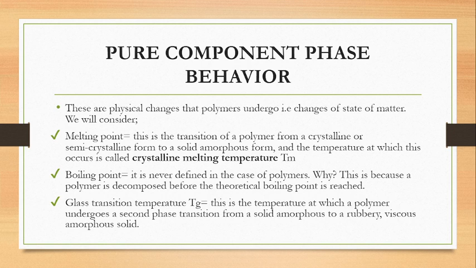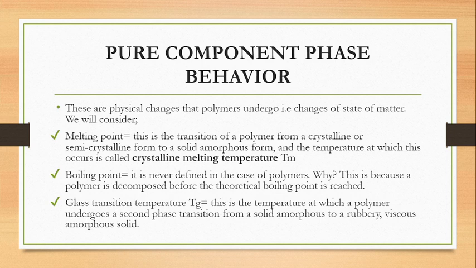Now, what is the melting point in the case of polymers? This is the transition of the crystalline form of a polymer, or the semi-crystalline form of a polymer, to a solid amorphous form. The temperature at which this occurs is called the crystalline melting temperature. I was talking about the first order and the second order transition of a polymer.